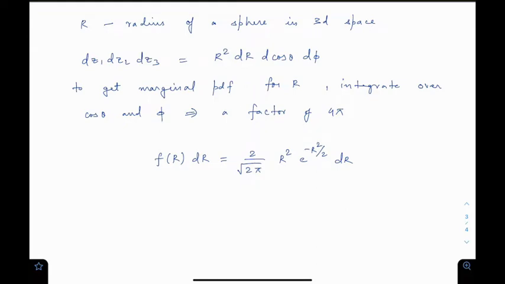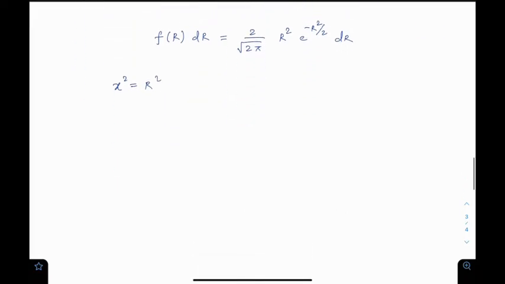Now chi-square is identified as r square in the current example. So therefore, d of chi-square is basically 2r times dr, or we can rewrite dr as d chi-square times twice the root of chi-square.